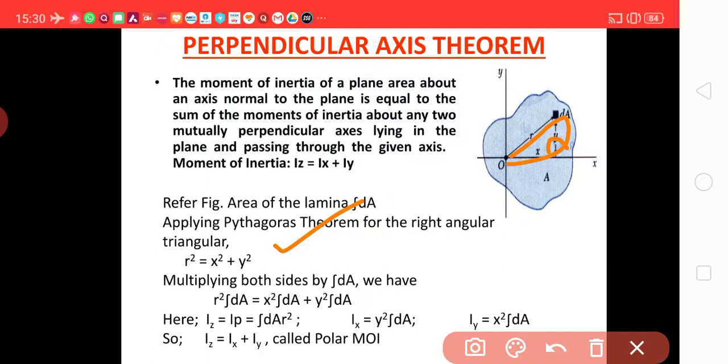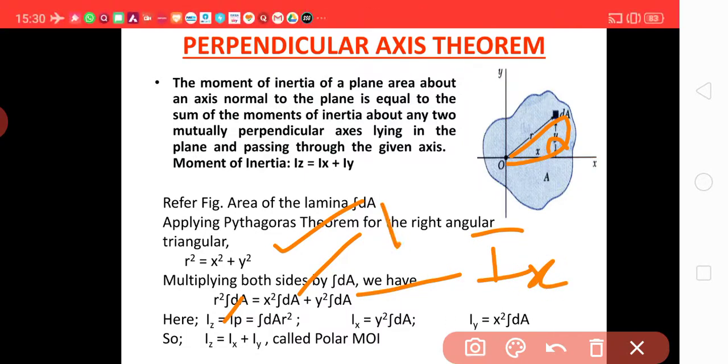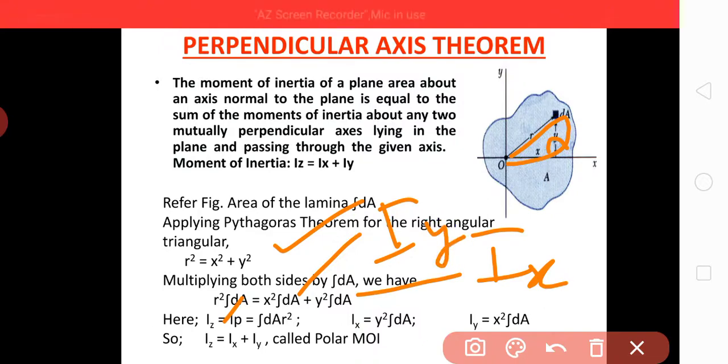Multiplying both sides by integral dA, that is total area, it becomes r square integral dA equals x square integral dA plus y square integral dA. So this is your Iz, this is your Iy, and this is your Ix. So Iz equals Ix plus Iy.